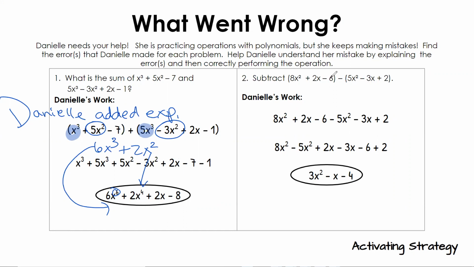Okay. So on the next one, when she subtracted, the first thing you do when you subtract, you're going to distribute that guy, right? So this would have been 8x squared plus 2x minus 6 minus 5x squared plus 3x minus 2. What did Danielle not do?